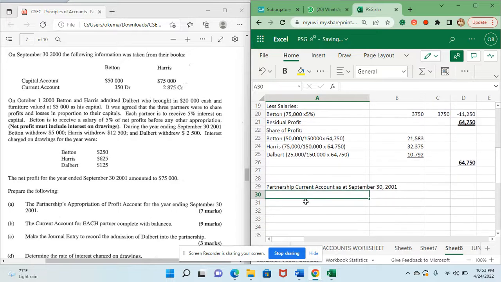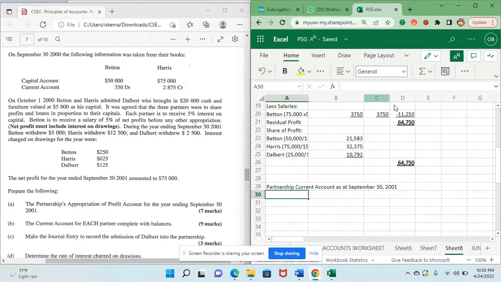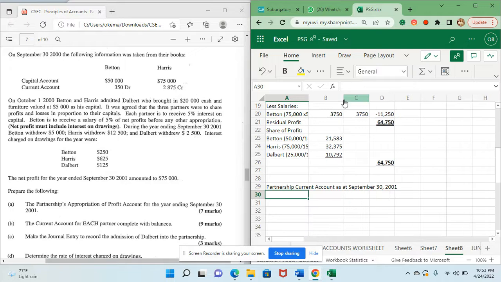Okay. So with our partnership current account, this one is a little similar to our cash book, right? In terms of we still have the same side, so we have our sides separated. So on this side we have date, details, but we have each partner's name here.